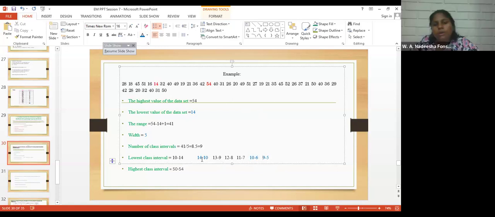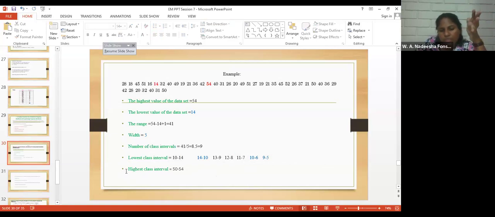So among these three intervals, 14 to 10, 10 to 6, 9 to 5, you can select any interval as the lowest class interval. Here 10 to 14, we have to start from the lowest one, that is why 10 to 14, 6 to 10, 5 to 9. In this example, they consider the lowest class interval as 10 to 14.